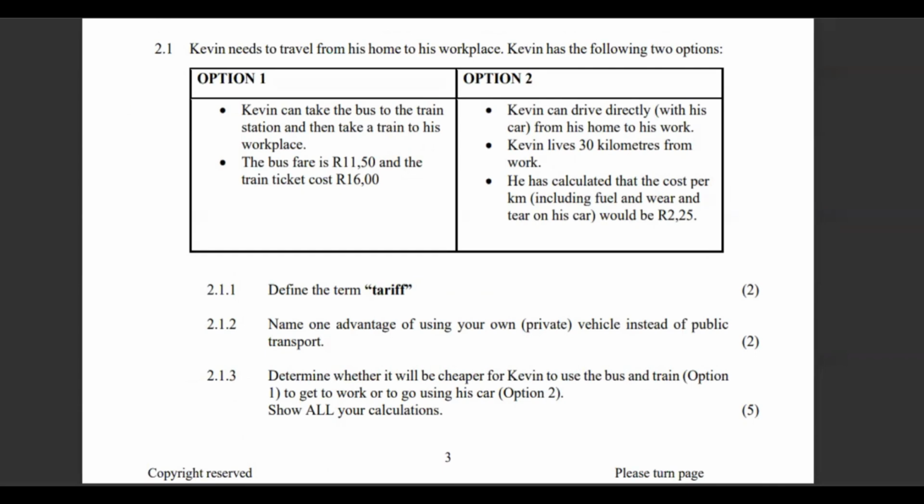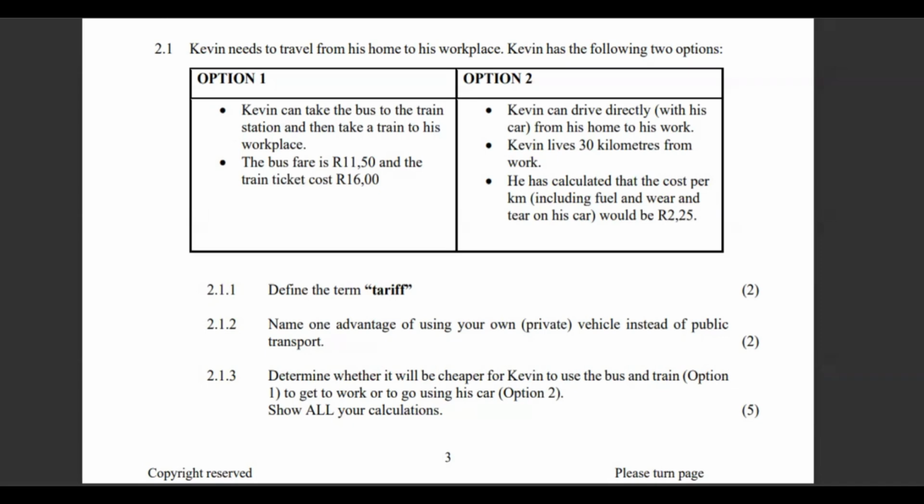Option 2, Kevin can drive directly with his own car from his home to the workplace. Kevin lives 30 kilometers from the workplace. He has calculated that the cost per kilometer, including fuel and wear and tear on his car, would be 2 rands 25 cents.